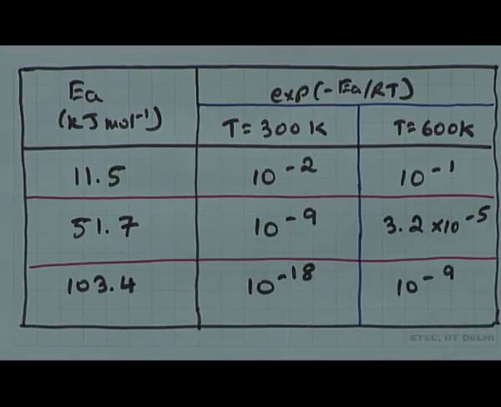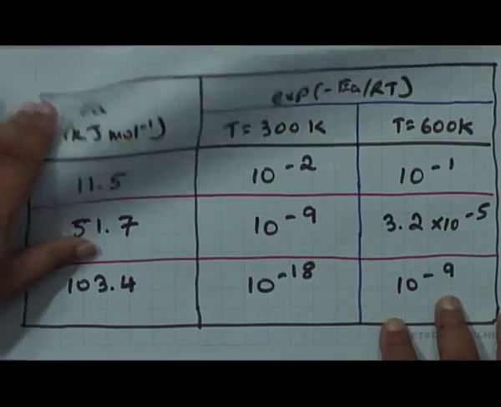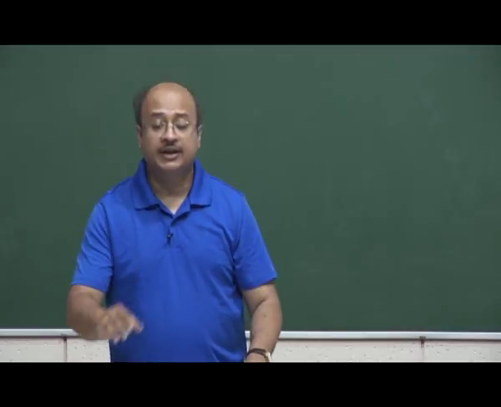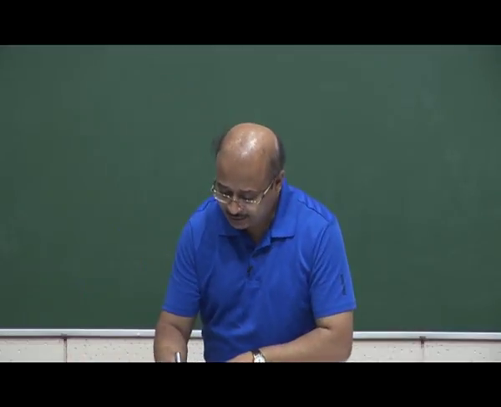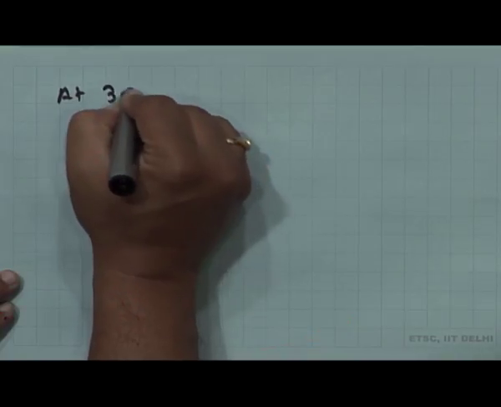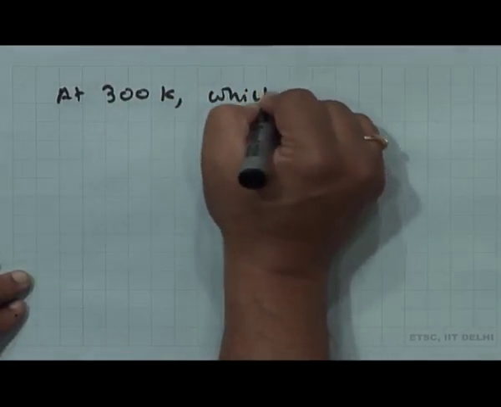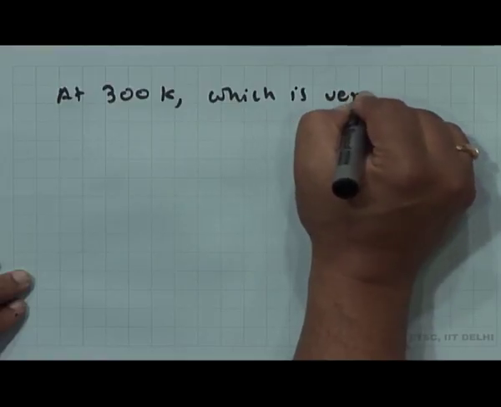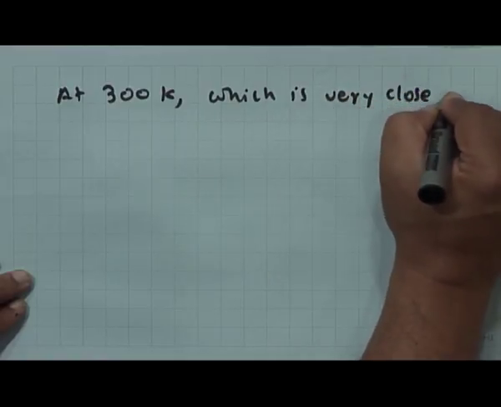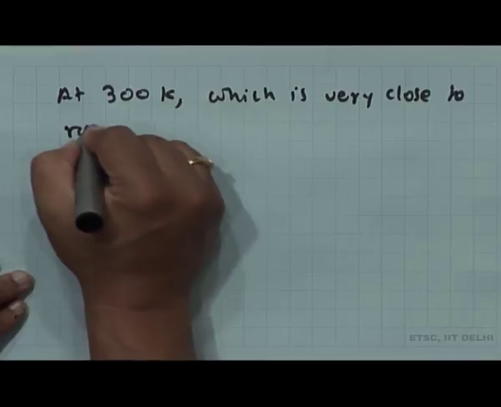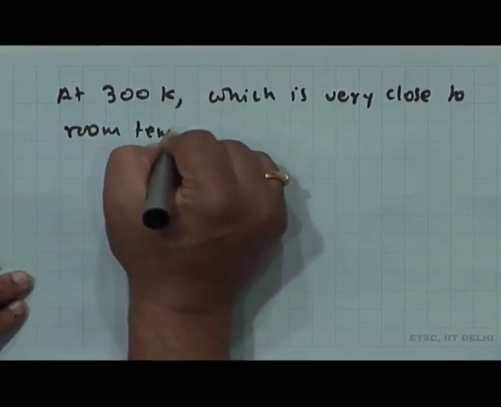many orders of magnitude. Do you think that concentration or even the other factor which is A would be able to keep up? No. So then the bottom line is that if I write it again, at 300 Kelvin, which is very close to room temperature.